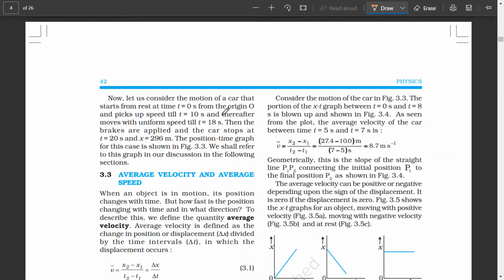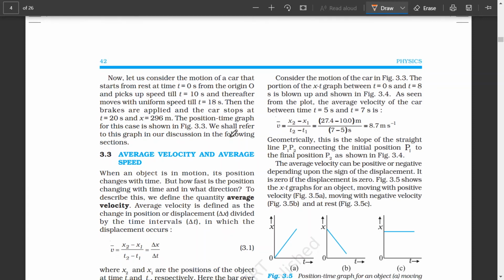Now let us consider the motion of a car that starts from rest at t equal to 0 from the origin O, picks up speed till t equal to 10, and thereafter moves with uniform speed till t equal to 18, then applies brakes and stops at t equal to 20 second, x equal to 296 meter. The position-time graph for this case is shown in figure 3.3.